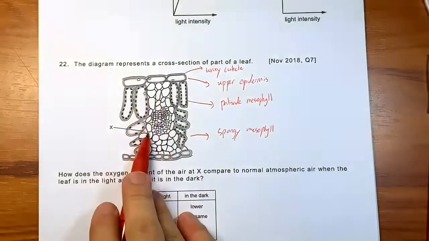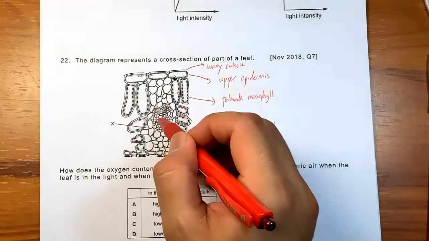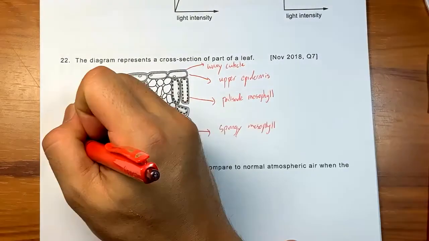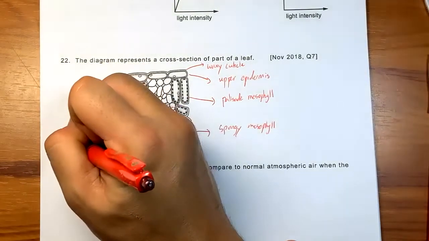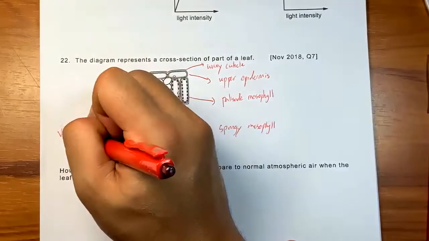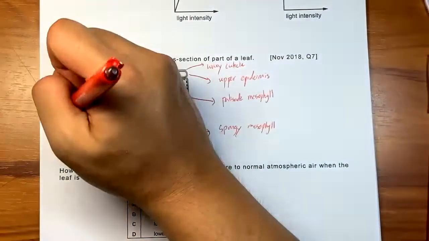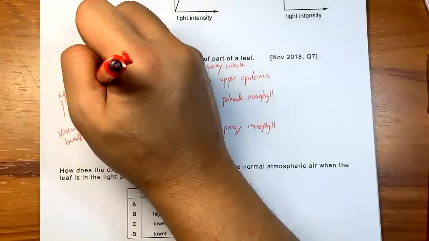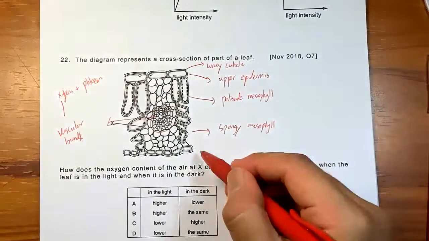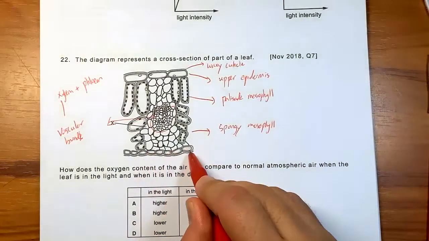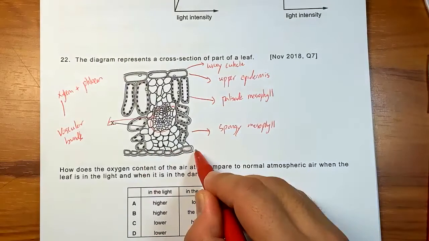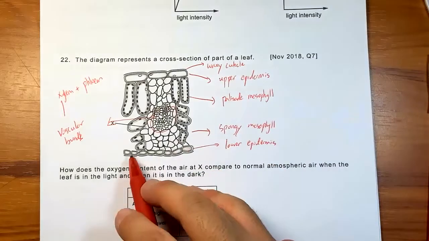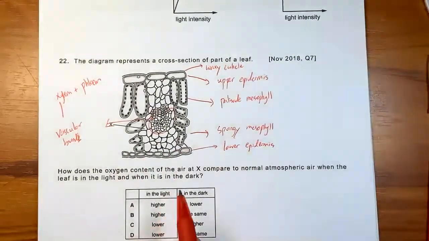Right, and here you've actually got these cells. Those are your vascular bundle, which consists of xylem and phloem. And the lower cells here are your lower epidermis.